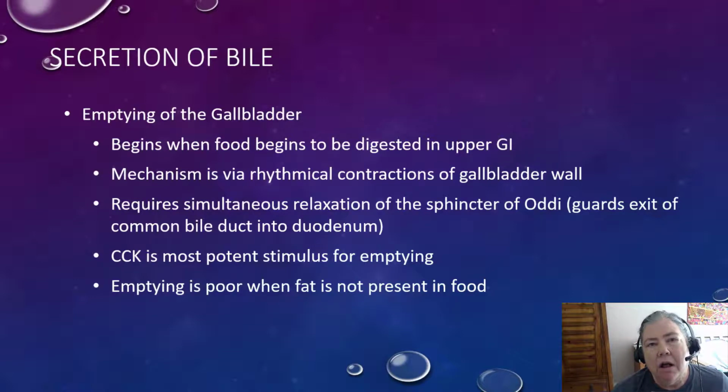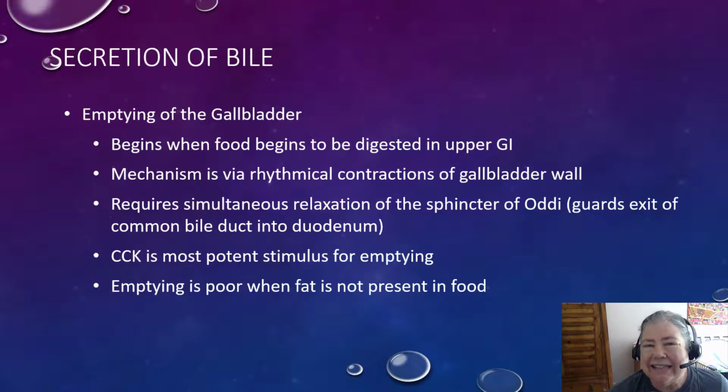It causes the gallbladder wall, which contains smooth muscle, to contract. The contents of the gallbladder are pushed into the common bile duct and then join with pancreatic secretions. The sphincter of Oddi has to be relaxed at the same time. So CCK, cholecystokinin, responds to a fatty meal by contracting the gallbladder and releasing the sphincter of Oddi.